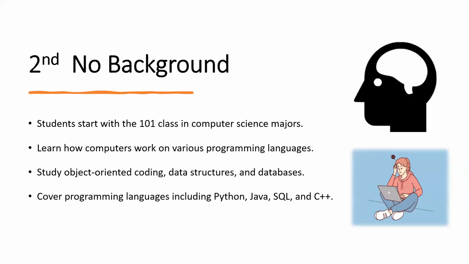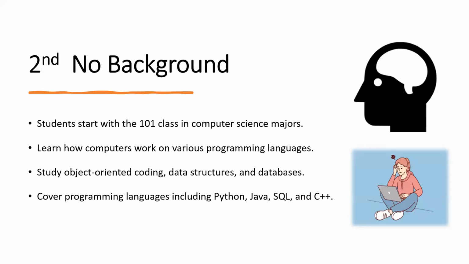Second, most students, not only in business school, if they're not majoring in computer science or engineering, don't really have background knowledge about it. Students who start with an intro class in computer science majors are taught how a computer actually works, how memory allocation works, and how data structures work.